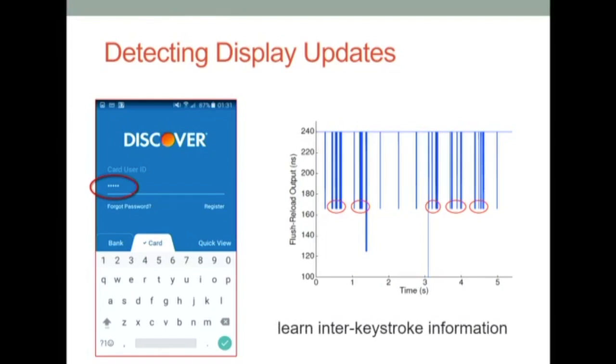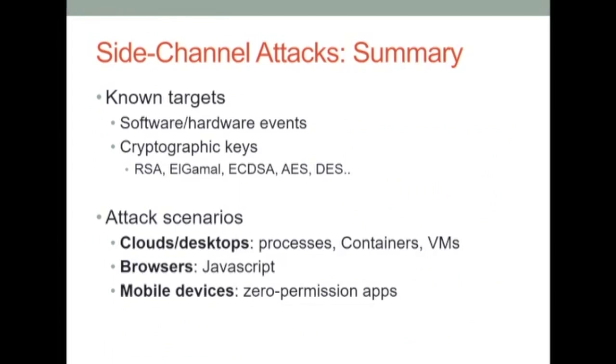Okay, so to summarize the side channel attacks here, we know that there are some known targets. We can use the cache-based side channel to learn the software and hardware-based events, and also use this side channel to learn the cryptographic keys in RSA encryption, ECDSA, AES, and DES.